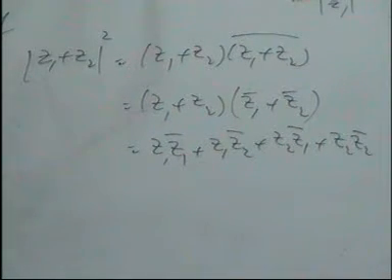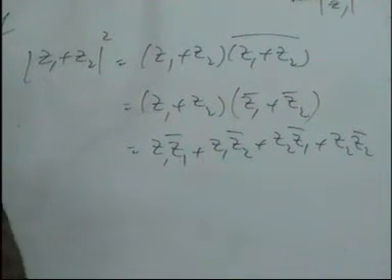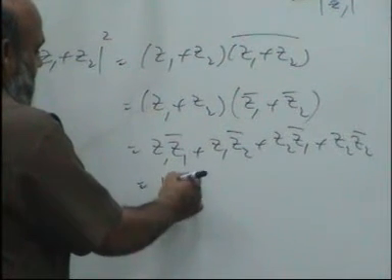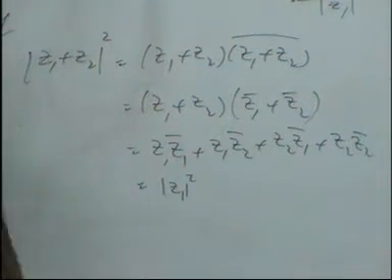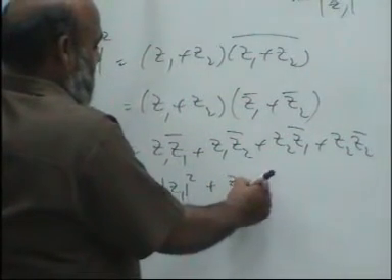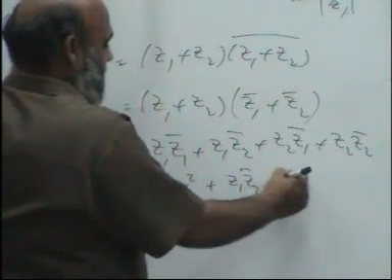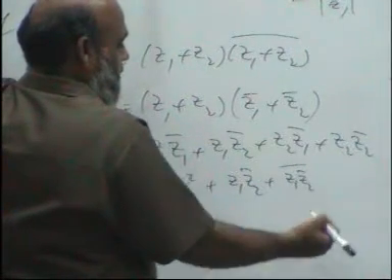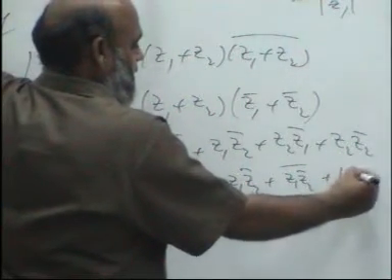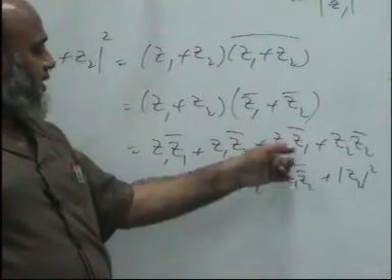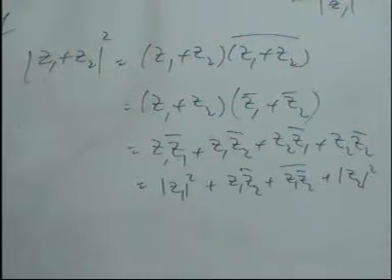Just multiplying these two terms, we can see this is again z1 mod square. Here we can write z1 z2 conjugate, and z2 conjugate and then the whole conjugate. The conjugate of the conjugate gives you the same result.